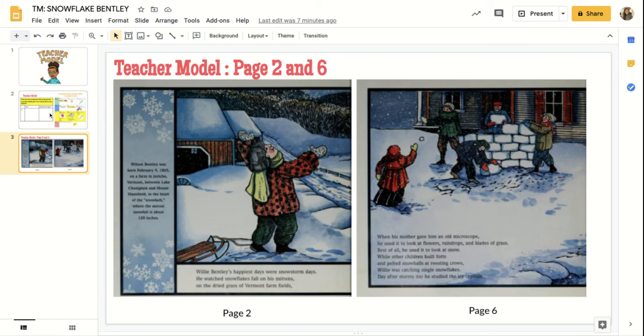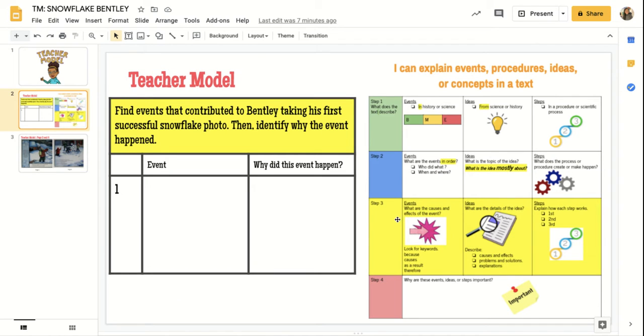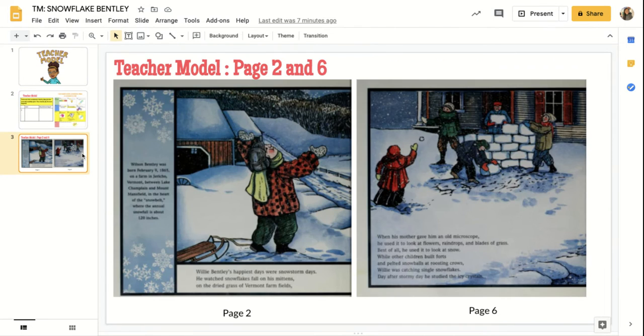Now looking at step 3, I'm still focusing on the event section. What are the causes and effects of the event? I need to look for some keywords: because, cause, as a result, therefore. These are some signal words I'm looking for. Now let's go to page 6.